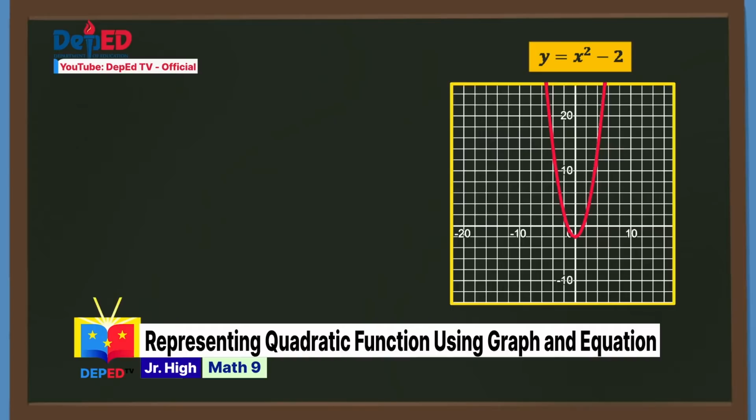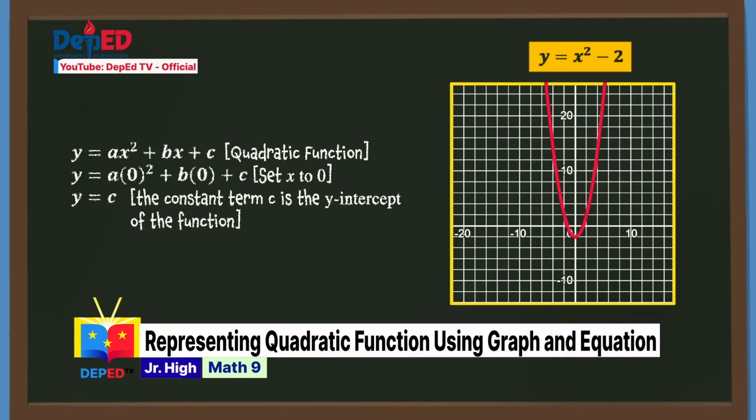This is either its minimum point or maximum point, and this is called the vertex. In the graph, we can see that its vertex, its minimum point since the parabola opens upward, happens to be the function's y-intercept, the point at which the parabola touches the y-axis.